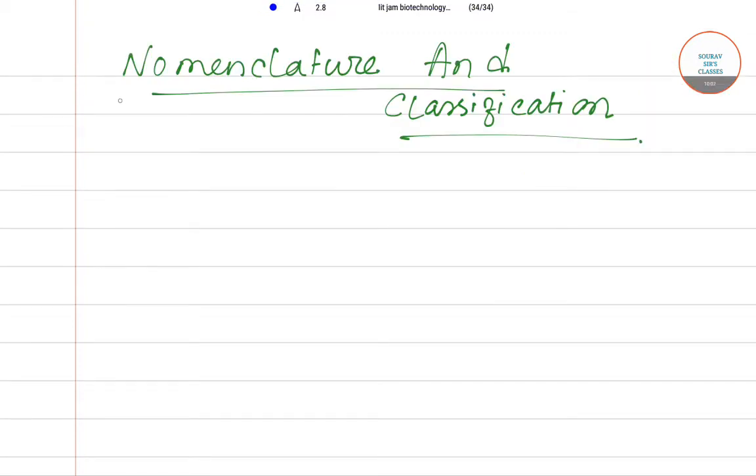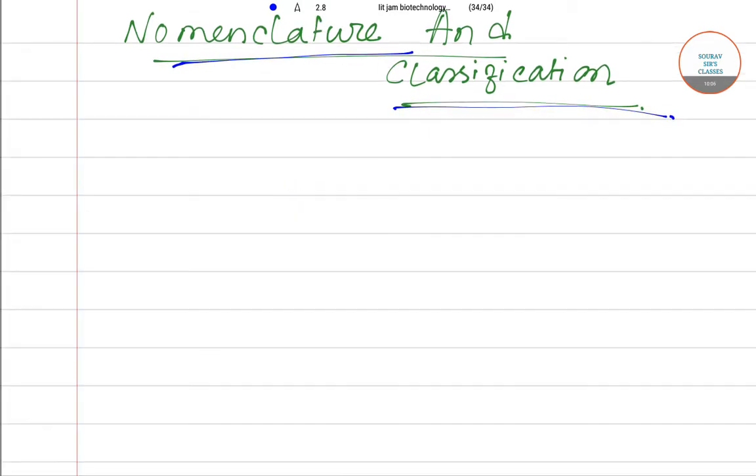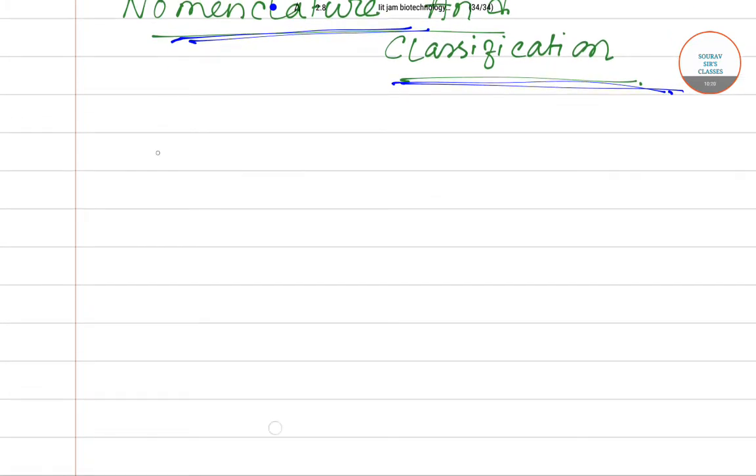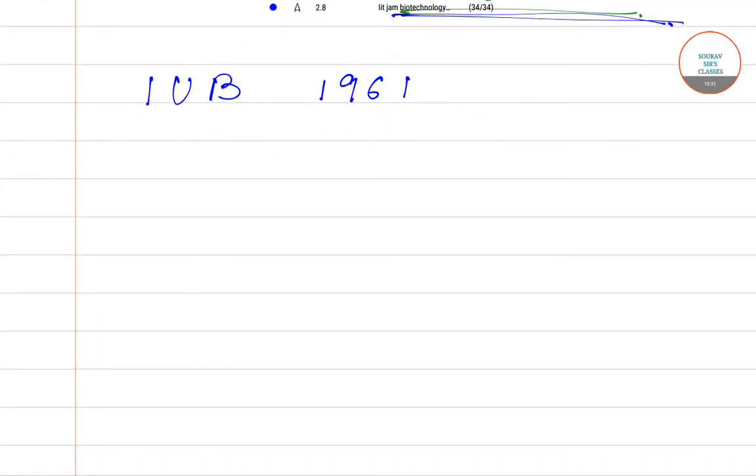So now coming to the nomenclature and the classification of enzymes. Various systems have evolved to name and classify the enzymes, so ultimately there is too much confusion to name an enzyme and to classify on the basis of their structure or their function. So the International Union of Biochemistry, IUB, in 1961 created a systematic basis of enzyme nomenclature and classification.